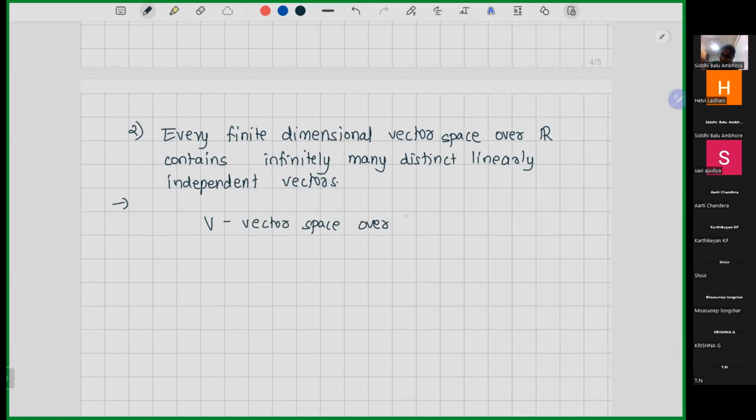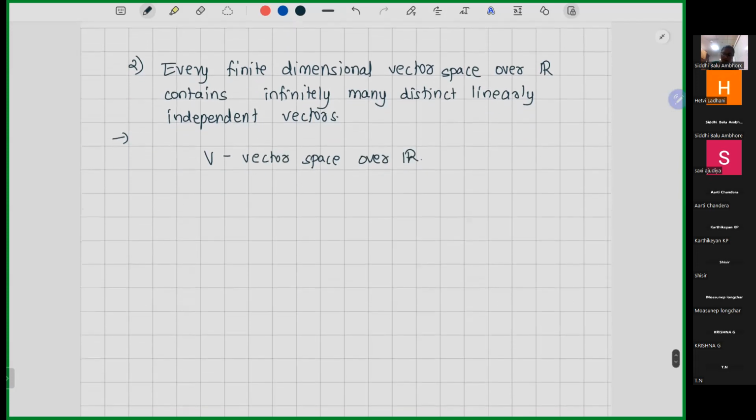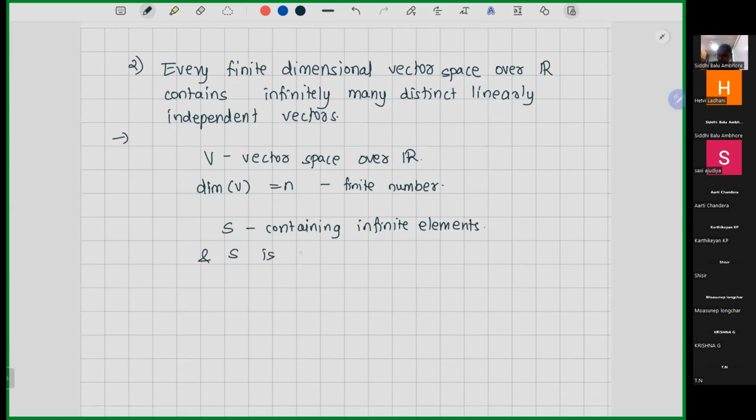let me write V, a vector space. I am simplifying the statement over R. Suppose the dimension of V is n, some finite number. Can I have a set S containing infinite elements, and S is linearly independent?